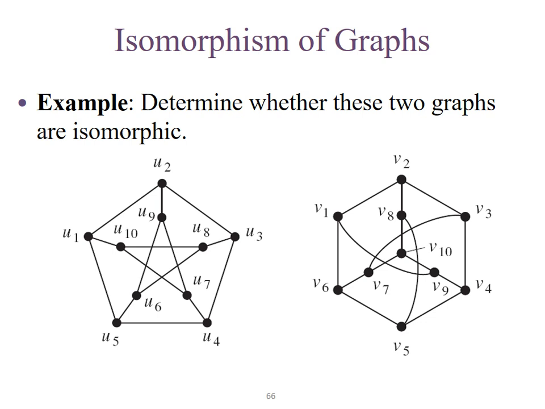Actually, the answer of this example is yes, they are isomorphic. Okay. So that means you need to adjust the position of all these vertices. Actually, you can move to the corresponding vertices in the graph, the first graph, and make it look exactly the same.